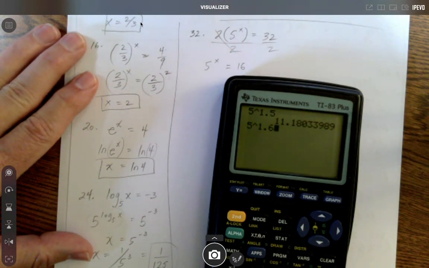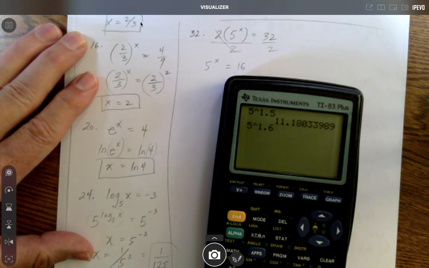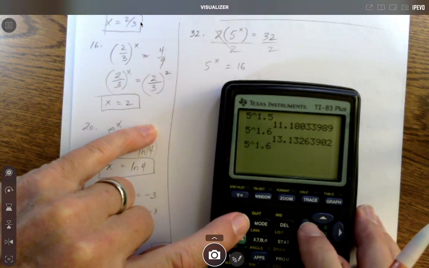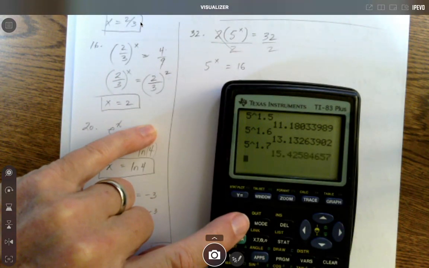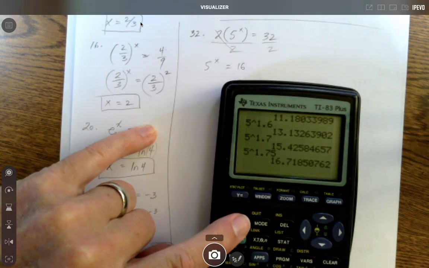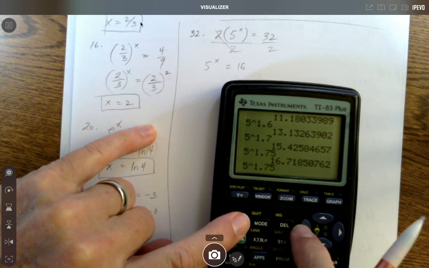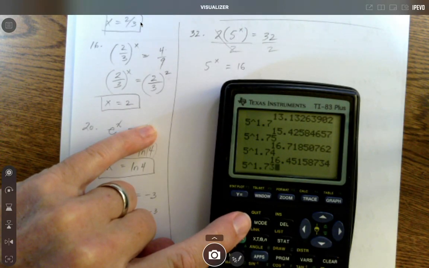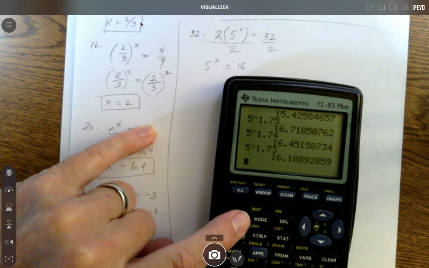All I'm doing right now is just playing around and guessing, trying to get 16. And 1.7 maybe. That's closer. 1.75. Ooh, that's a little too big. 1.74. Better. 1.73. Better. I'm getting close to 16.